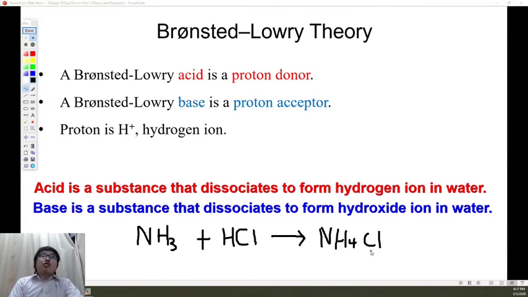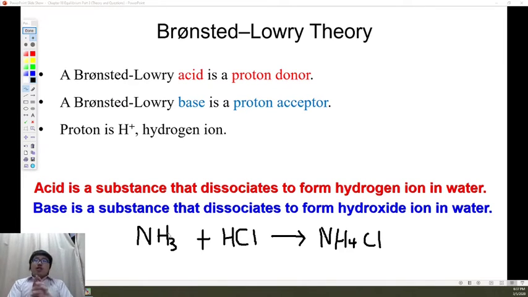By all accounts, we acknowledge that HCl is an acid. But ammonia is a base, we also acknowledge that. But when they react, first, they do not form water. Second, there is no hydroxide in here. So do we still call this an acid-base reaction?